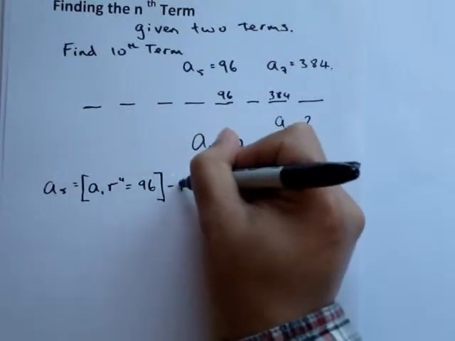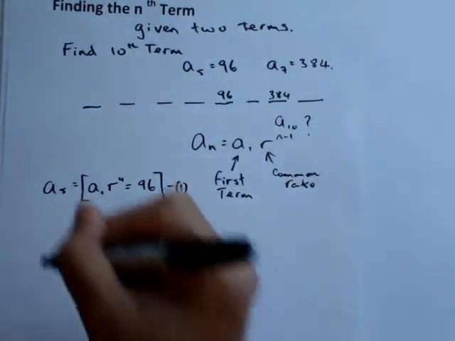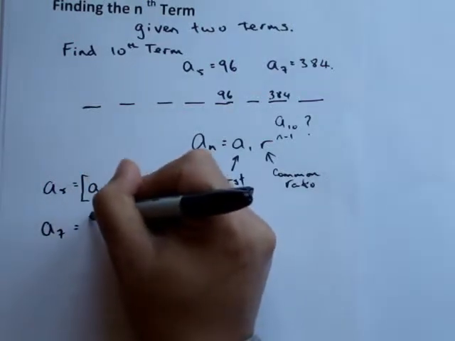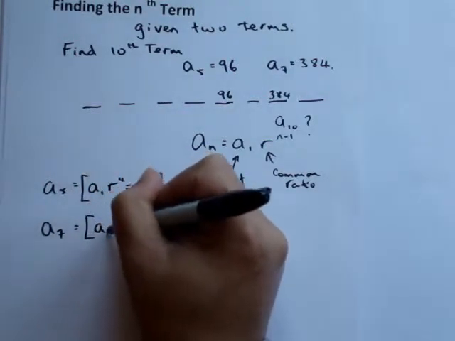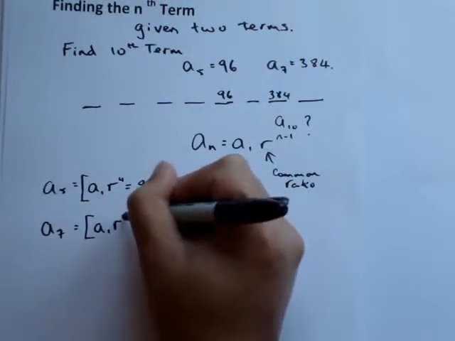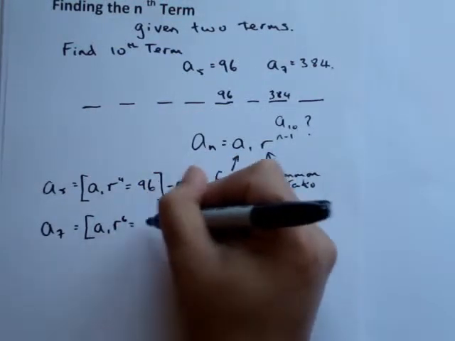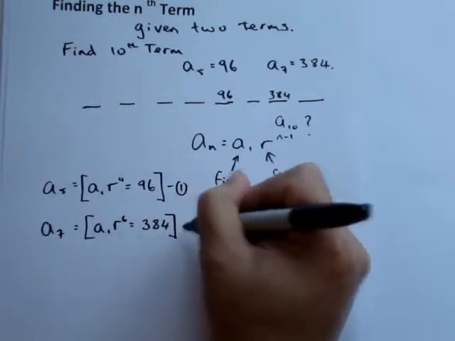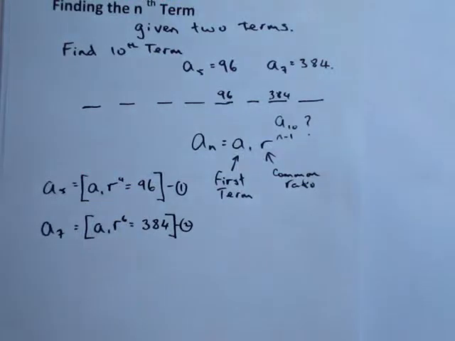We'll call that equation 1. And then similarly we have a sub 7 equals, again, the first number, a sub 1, which we don't know, times the common ratio to the power 6, equals 384. We'll call that equation 2.